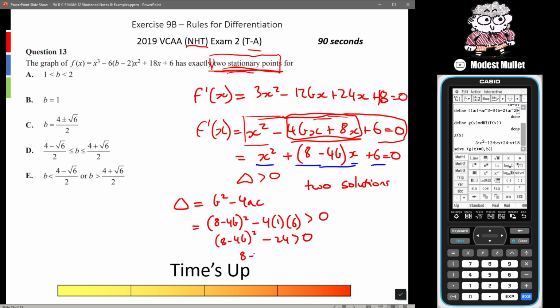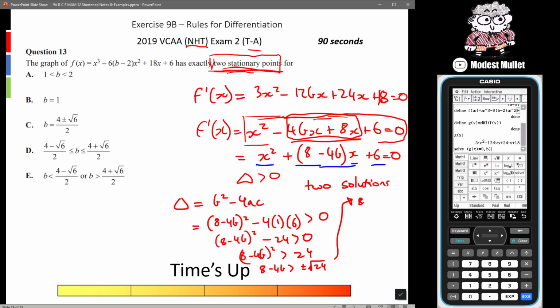So 8 minus 4b all squared greater than 24. Square root both sides, so we get 8 minus 4b needs to be greater than plus or minus square root of 24. Running out of space.